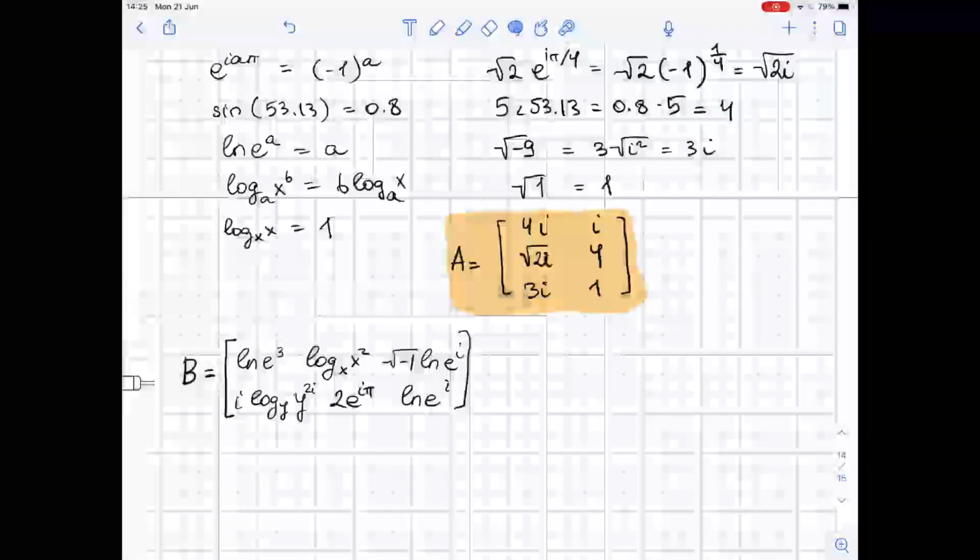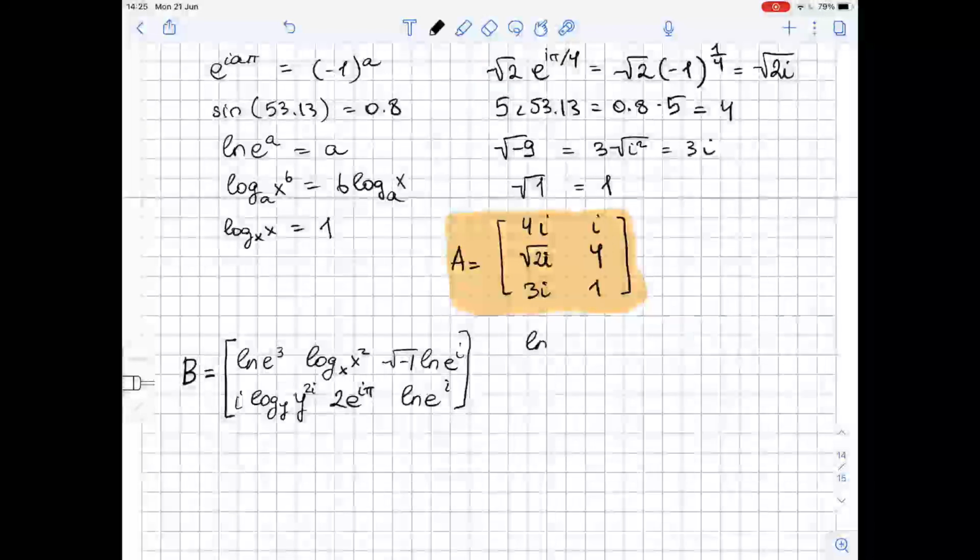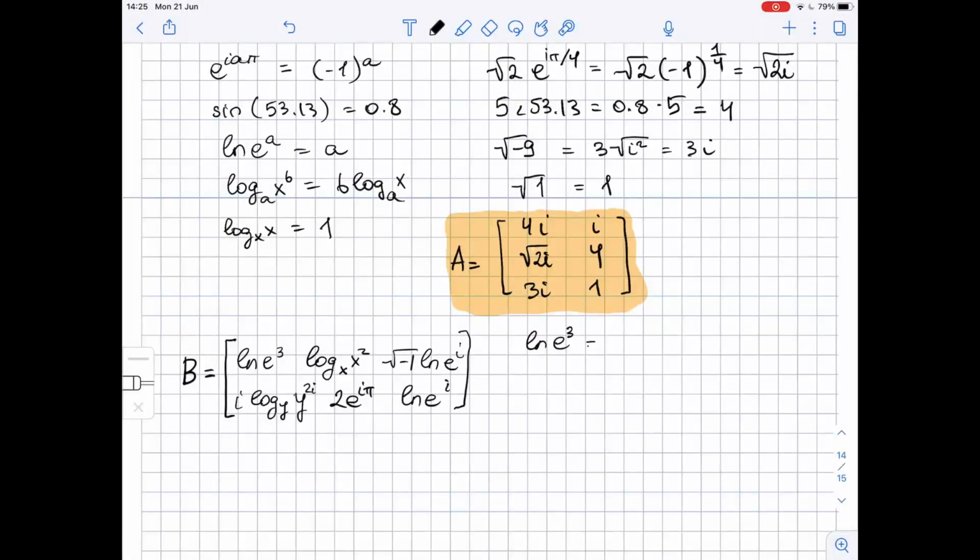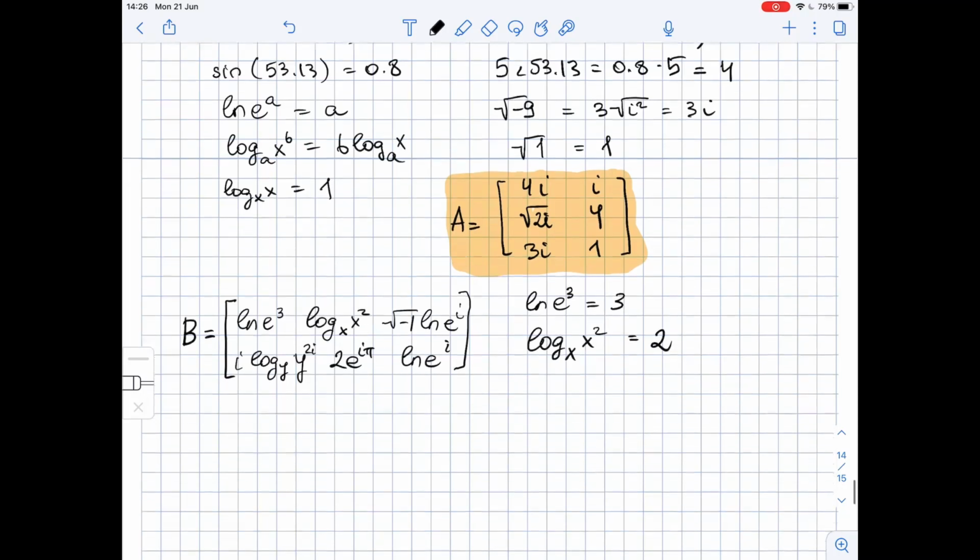So we see that logarithm of e to the third power equals 3. Then logarithm base x of x squared equals 2. We also know that the square root of -1 times logarithm of e to the power of i equals i times i, so it's just i squared, and it equals -1.